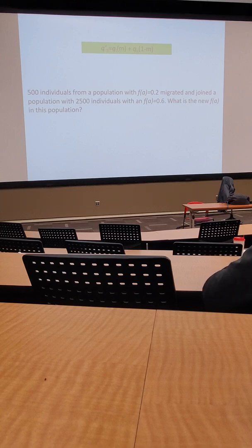So what do I need to know? What is the problem giving me, and what is it not giving me? When I look at that equation, I'm missing something. What am I missing?